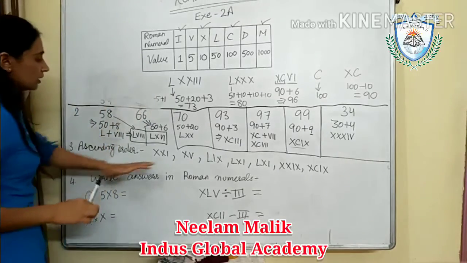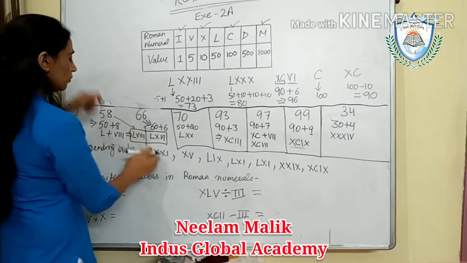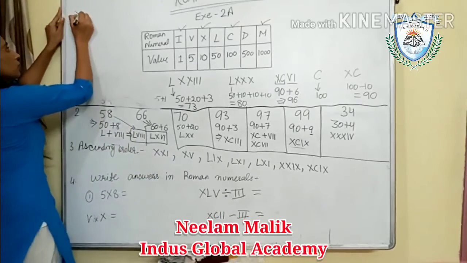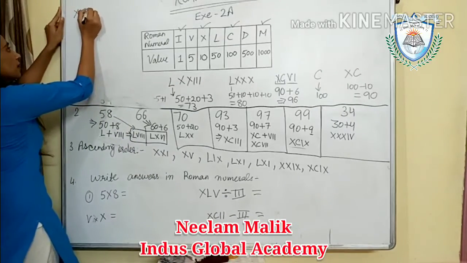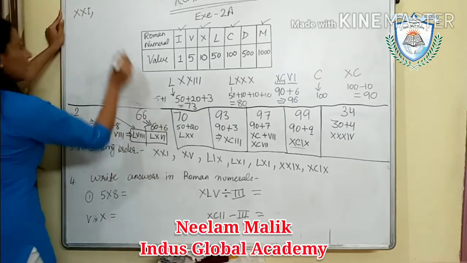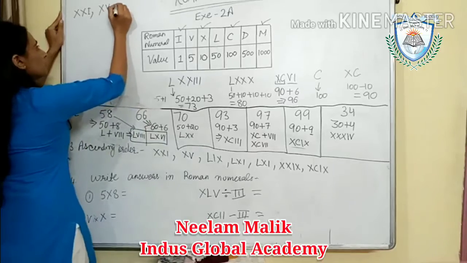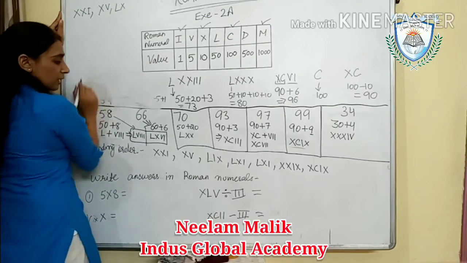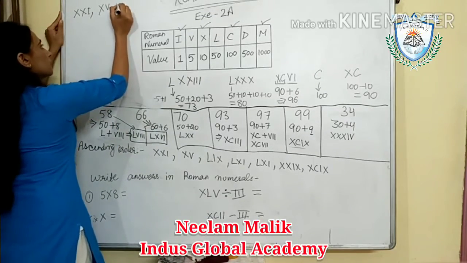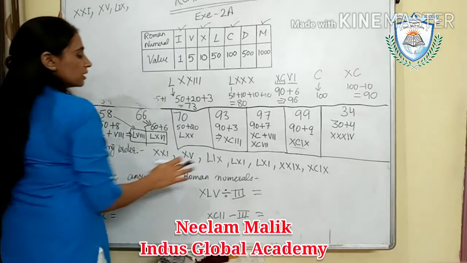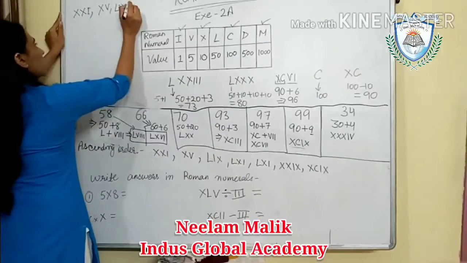Let's start from here. Suppose you have XXI, another number is XV, third one is LIX, the fourth one is LXI.